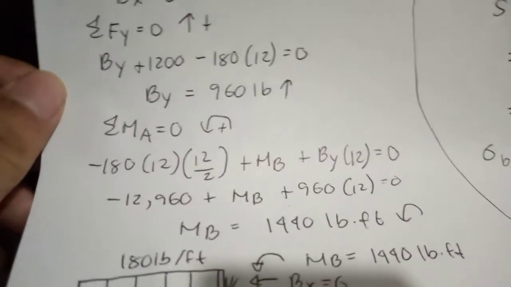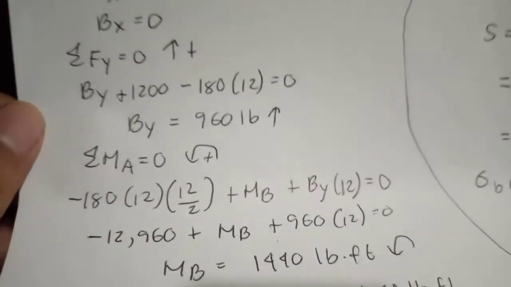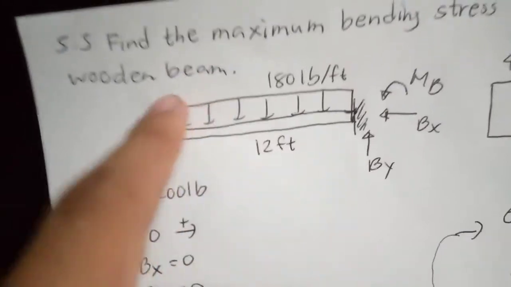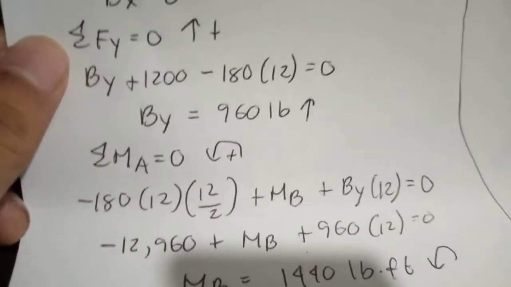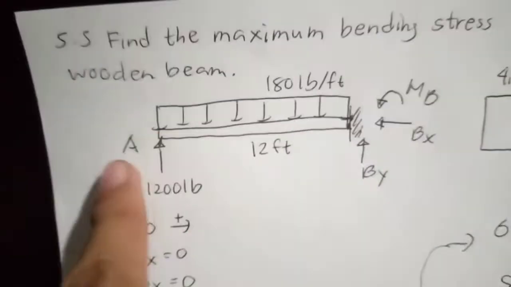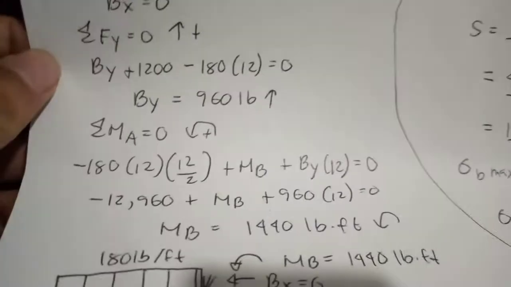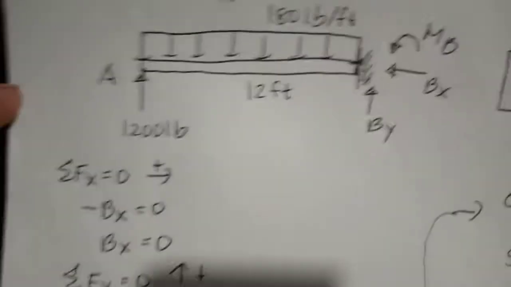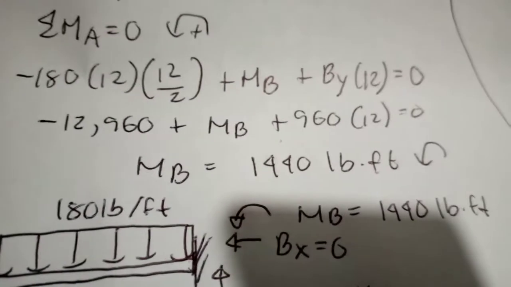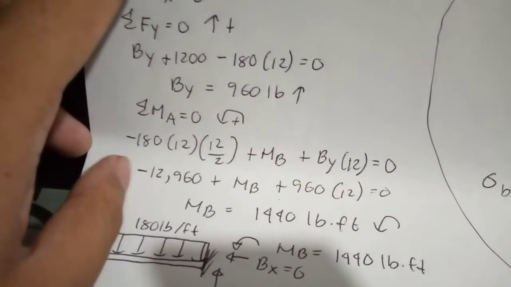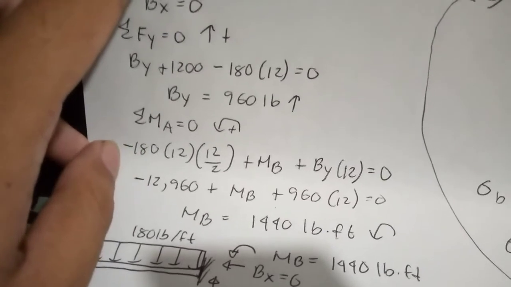We multiply 180 lb per foot by its length, 12, and then by its moment arm, which is just one half of its length, 12 over 2. Then plus MB, since MB relative to A will rotate counterclockwise, so it's positive. And then we have computed By as 960, so your By will be 960 times 12. In this portion of the solution, I just simplify negative 180 times 12 over 2.